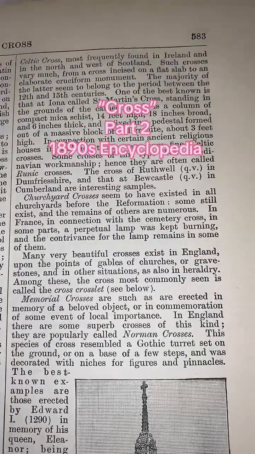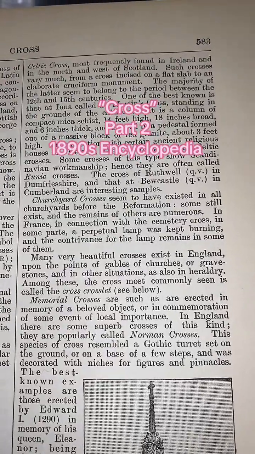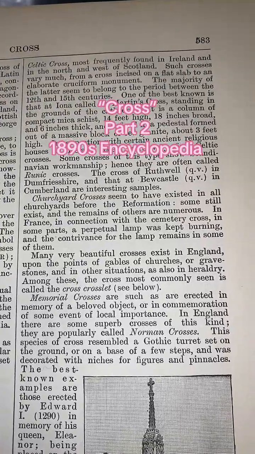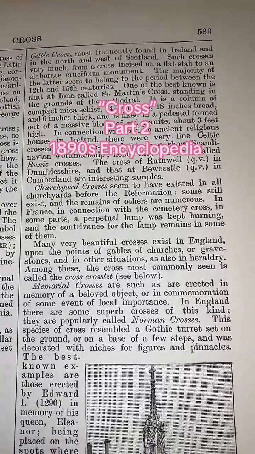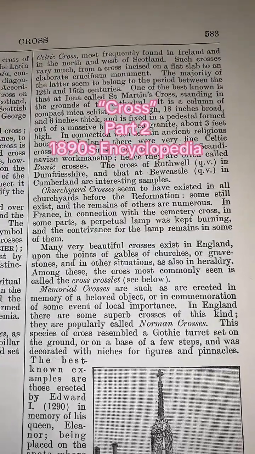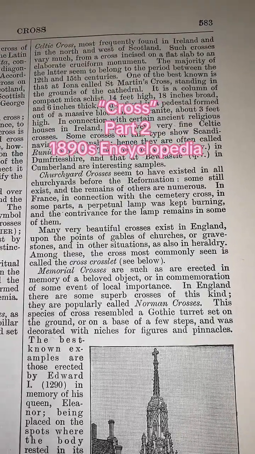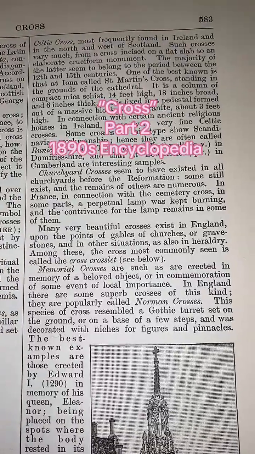Churchyard crosses seem to have existed in all churchyards before the Reformation. Some still exist, and the remains of others are numerous. In France, in connection with the cemetery cross, in some parts, a perpetual lamp has kept burning, and the contrivance for the lamp remains in some of them.